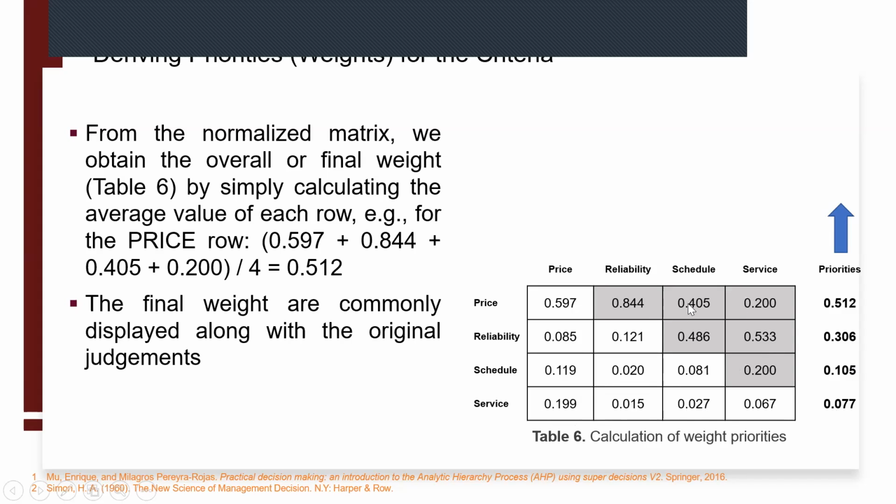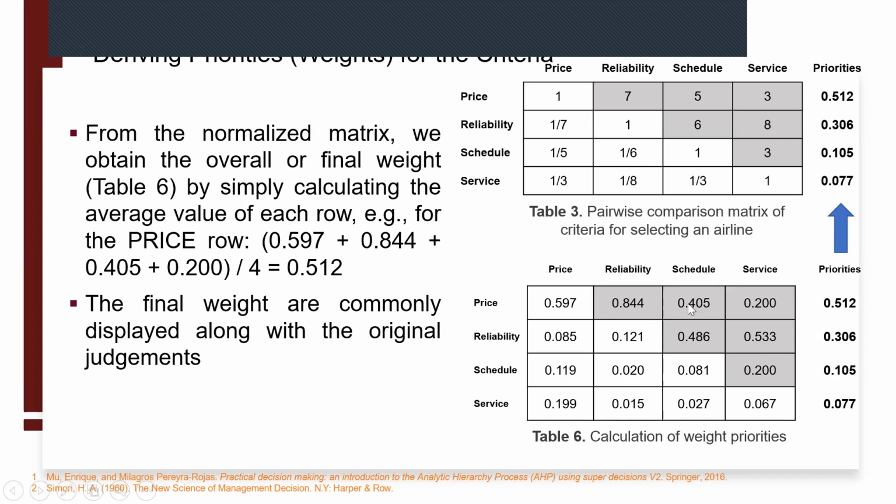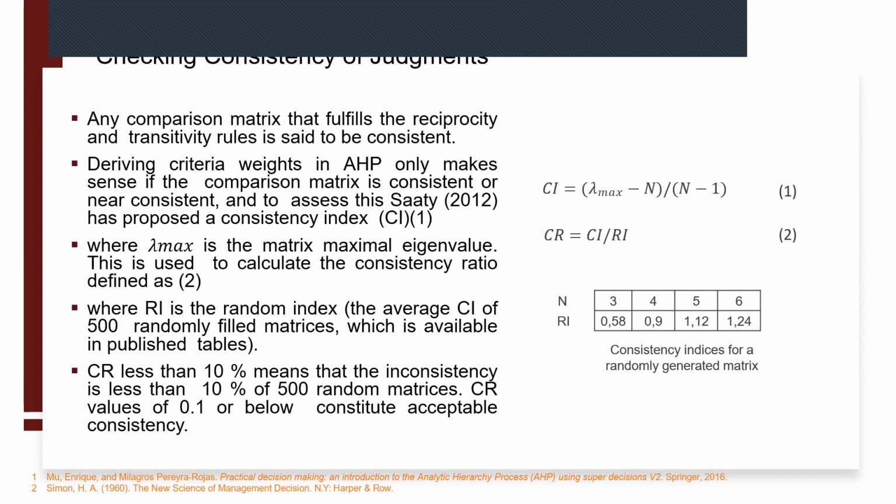So we have already calculated the weight priorities, and we go back to the original table, the pairwise comparison matrix. Now we have established the priorities. We did that because the final weights are commonly displayed along the original judgments. And then for the next one, we have to discuss the consistency of the judgments.